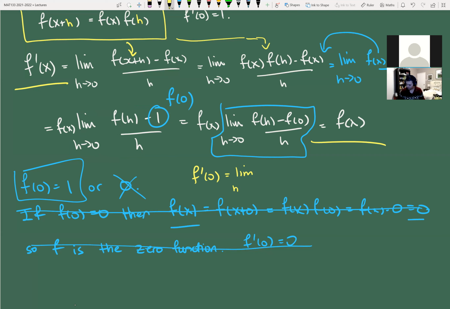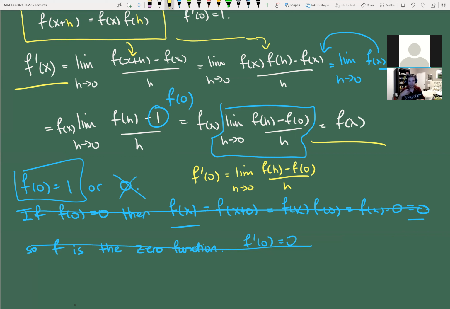That's the limit as h goes to 0 of f of h minus f of 0, divided by h, right? If you just plug everything into the limit definition, it's a little bit messy. But it is f prime of 0.